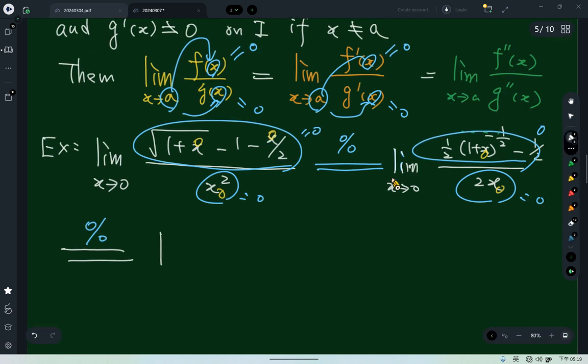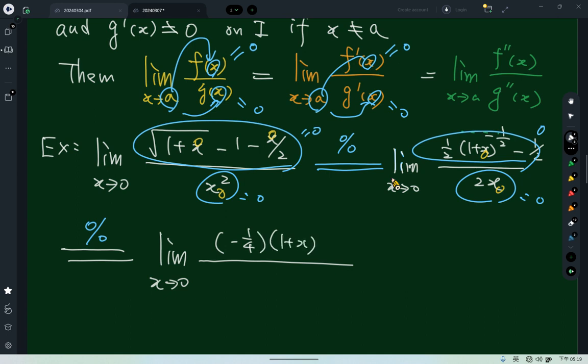That will become the limit as x approaches 0 of minus 1 over 4 times 1 plus x to the power of minus 3/2, over 2. If you still encounter 0 over 0, then continue to differentiate these two parts.